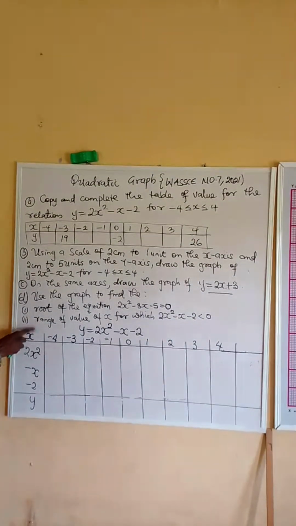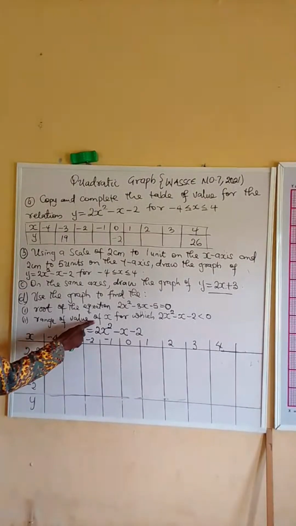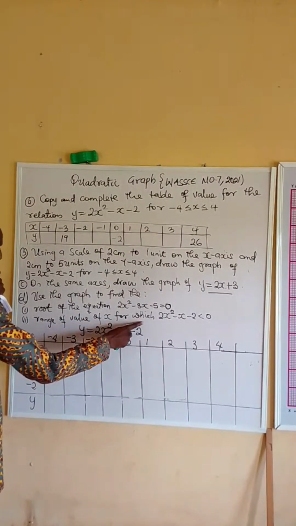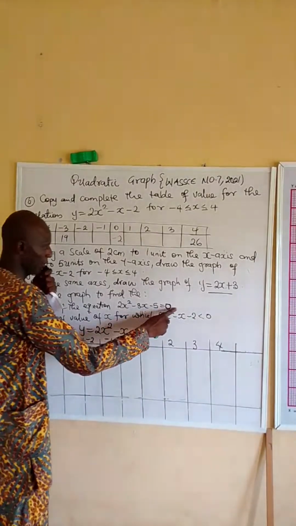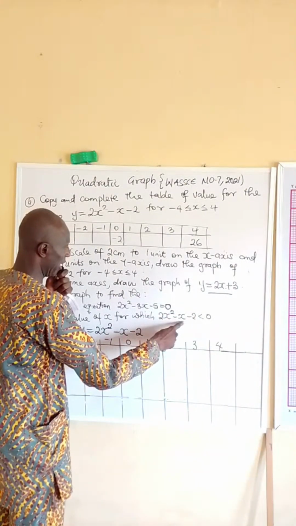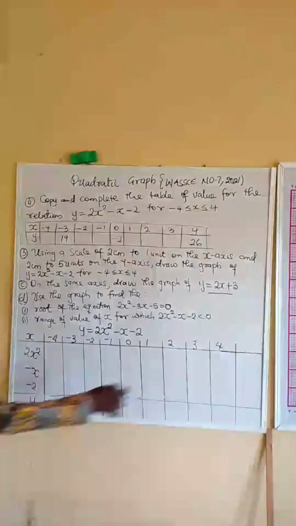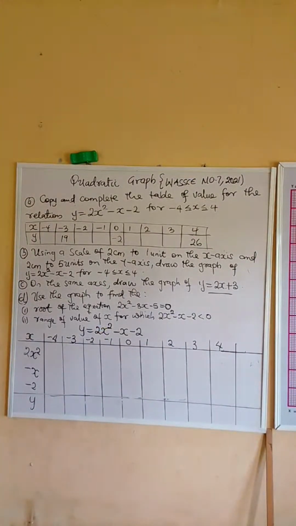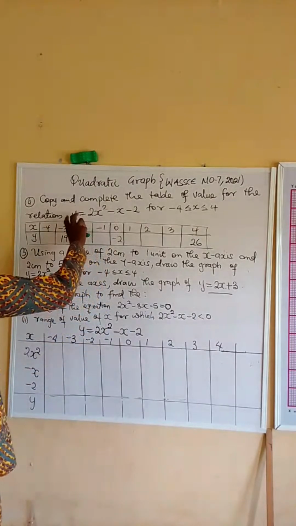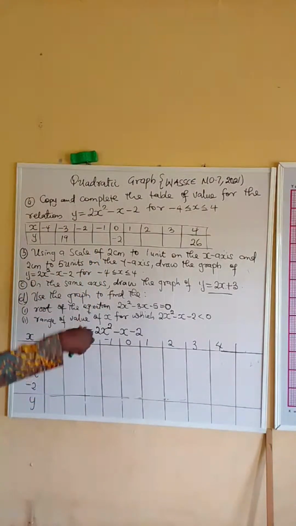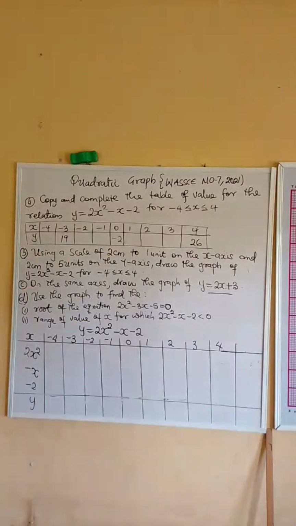And Roman figure 2, the range of values of x for which 2x squared minus x minus 2 is less than 0. So we are talking about the roots of this graph, where it touches the x-axis. That is the quadratic graph.